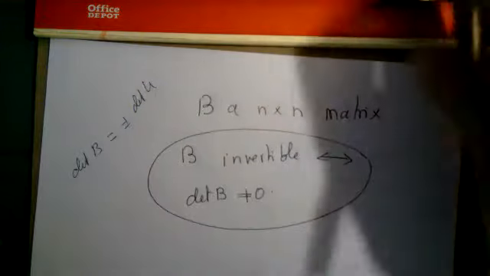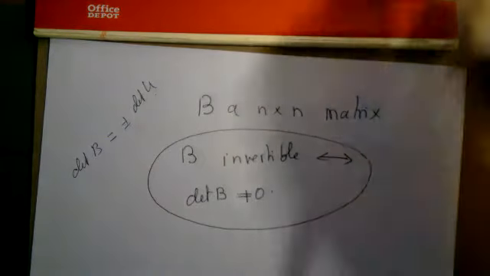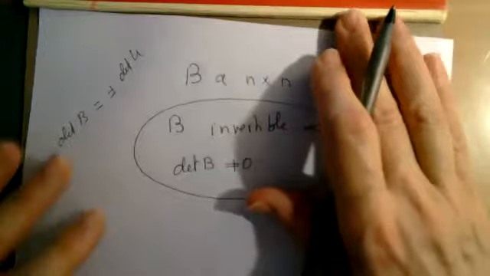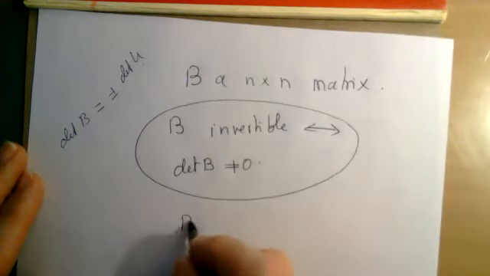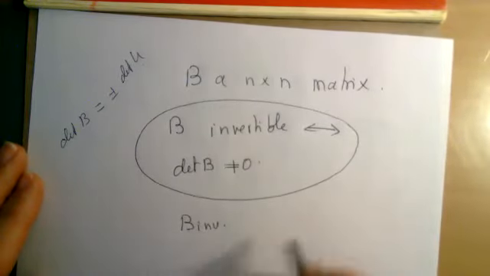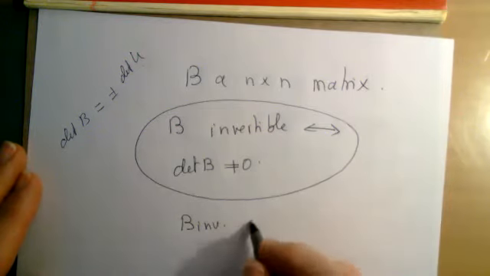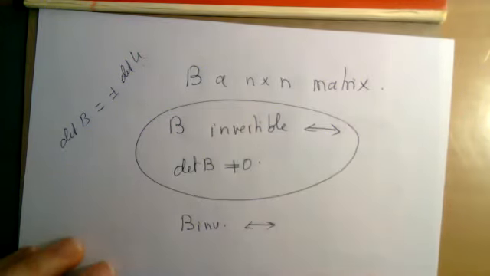I'm going to rephrase this statement about invertibility: if B is invertible, it means the determinant is different from 0.